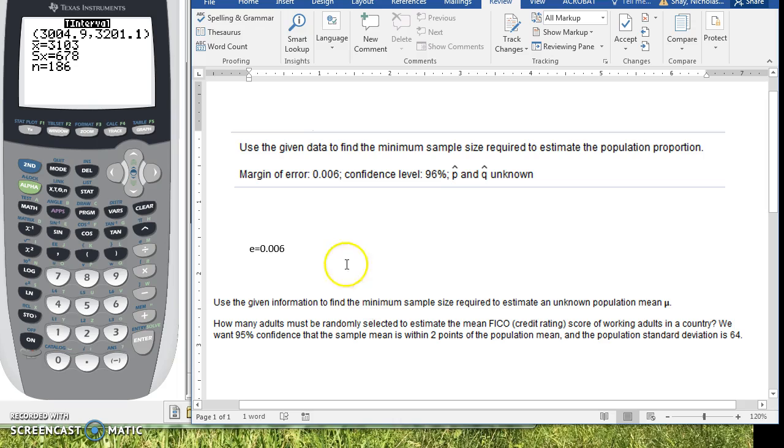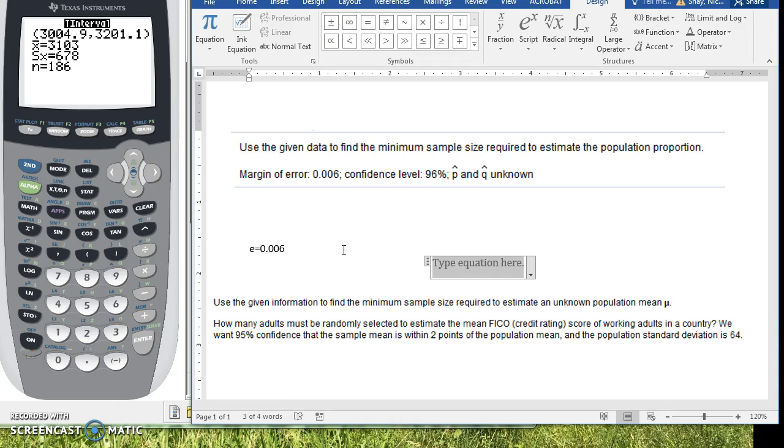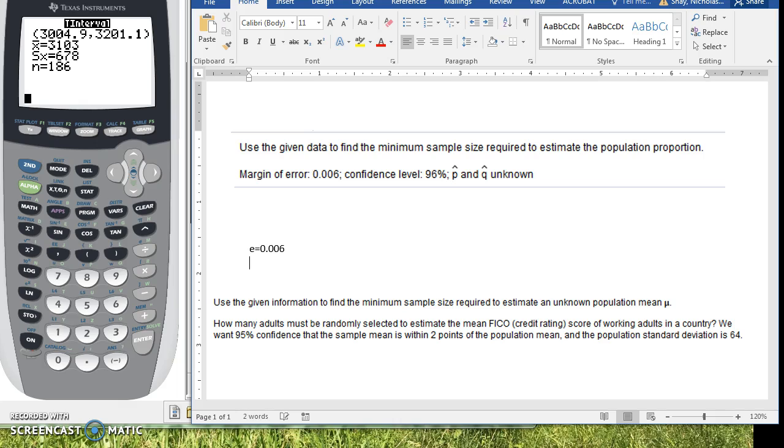The other value you need is that z alpha over 2 value, right? It's that critical value. How do we know what that is?